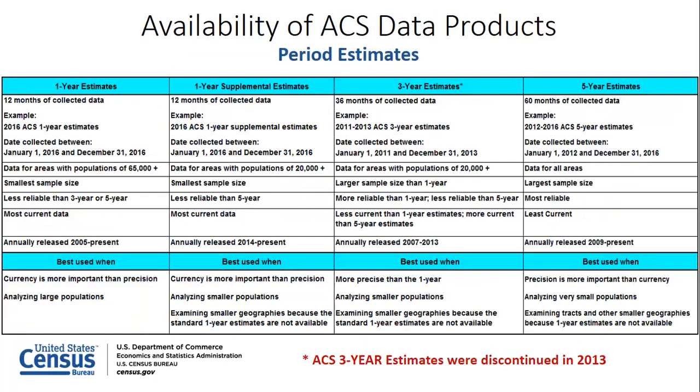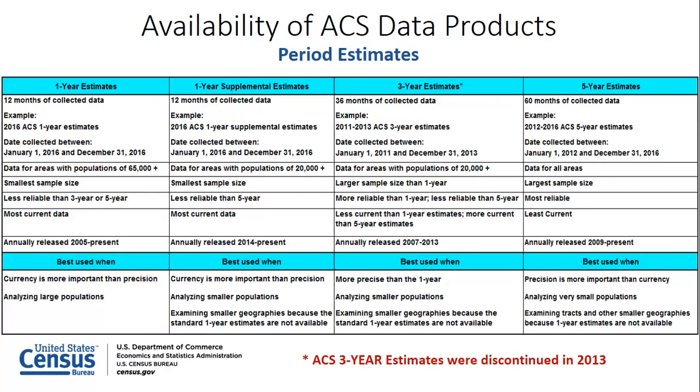As I said before, the ACS are available as 1-year estimates or as 5-year estimates. The 1-year estimates are for populations of 65,000 or more. The 5-year estimates are for populations less than 65,000.